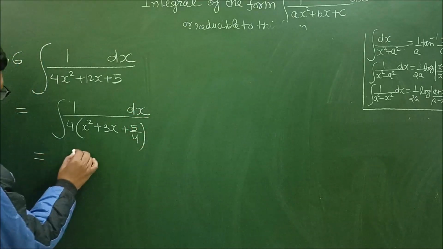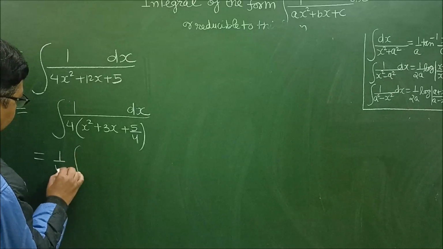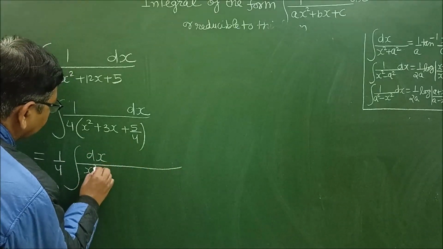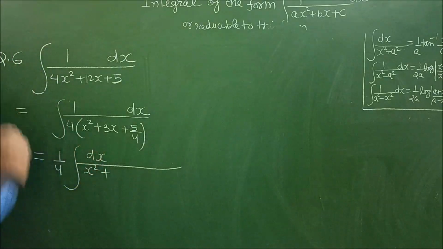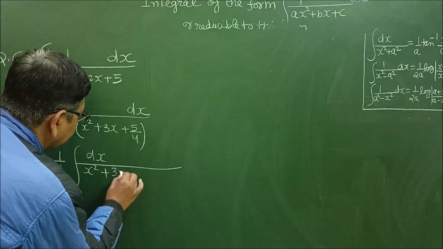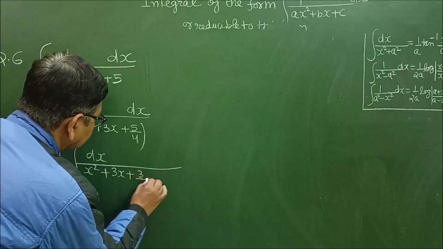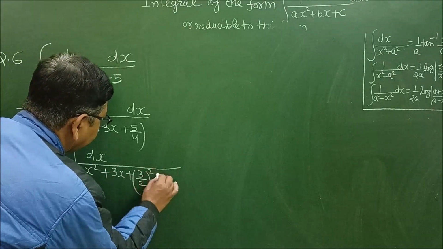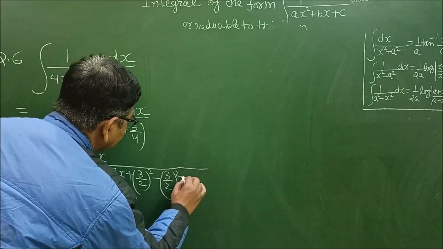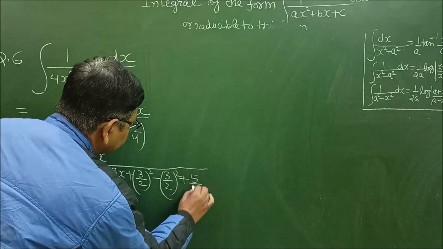So this is equal to 1 upon 4, which is a constant, dx upon x square plus 3x plus 5 upon 4. The coefficient of x is 3 here. To make it a perfect square, adding half of the coefficient of x squared and subtracting 3 upon 2 square plus 5 upon 4.